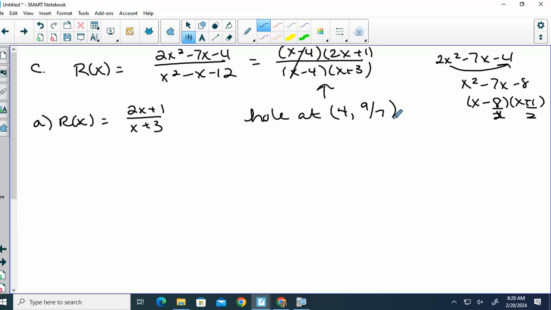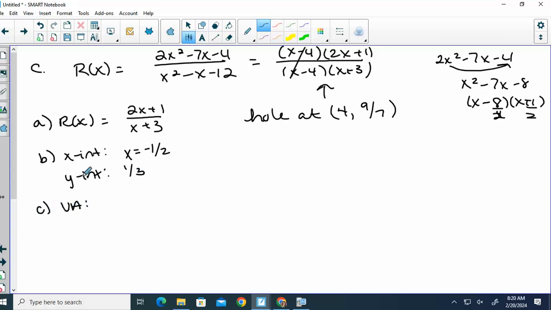Next step. So x-intercept, what makes the top 0? Y-intercept, if you plug in 0 for all of your x's, again, we can just do it right here, we get 1/3.